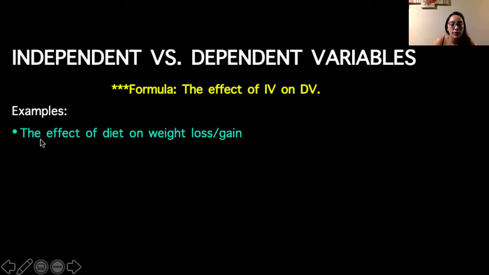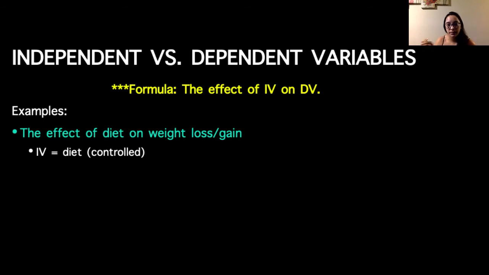is if we were interested in the effect of a diet on weight loss or gain. We could also phrase this as changes in weight. Okay. So using our formula, we could say the type of diet that somebody is on is what we are controlling or manipulating, right?